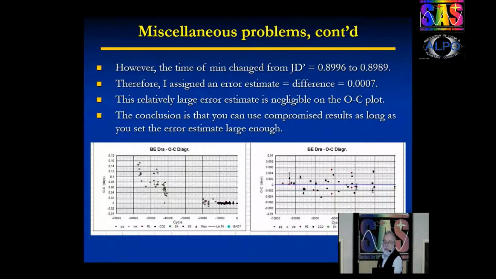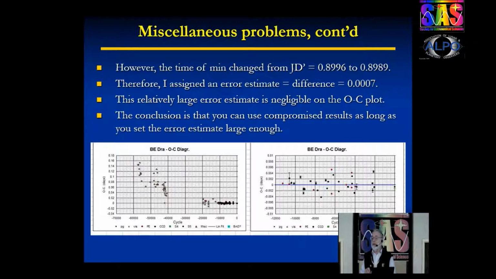Okay, so that's about a minute out. So what do I do? I'm quoting the better result, but then I'm putting an error estimate on that. And then I'm not sure I didn't double that as well.